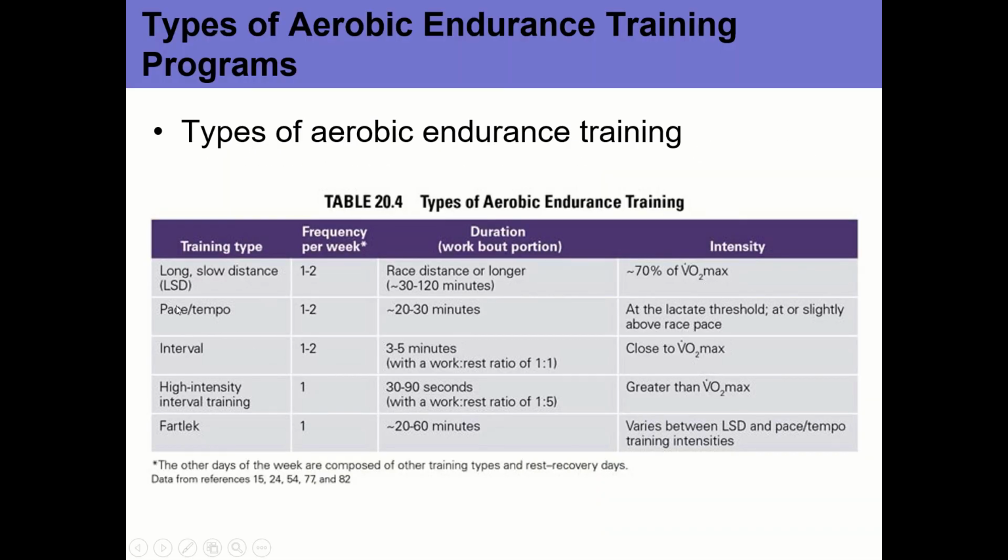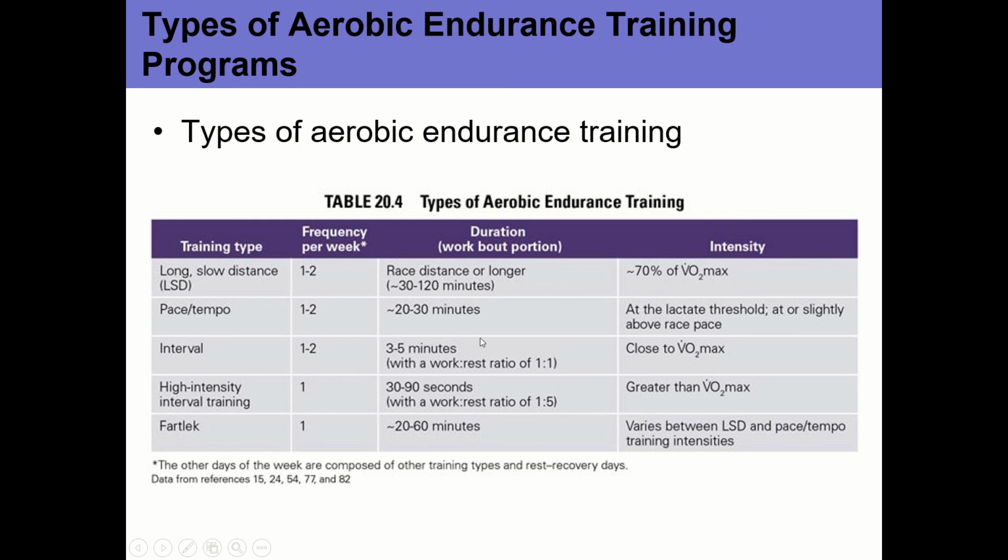The other types of training, so pace or tempo training, typically those are performed in 20 to 30 minute bouts, usually consecutively, although you can break them down into, let's say, 2 10-minute bouts or 3 10-minute bouts or 2 15s or whatever. It's pretty fast, but it starts to be a little uncomfortable. So they're at or slightly above their lactate threshold, so they're starting to accumulate lactate.